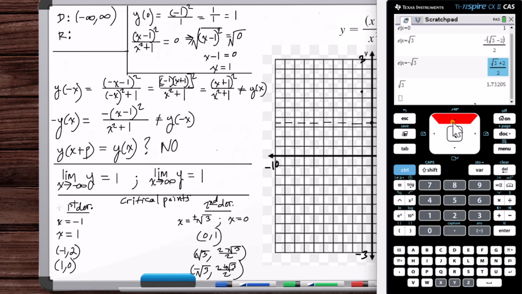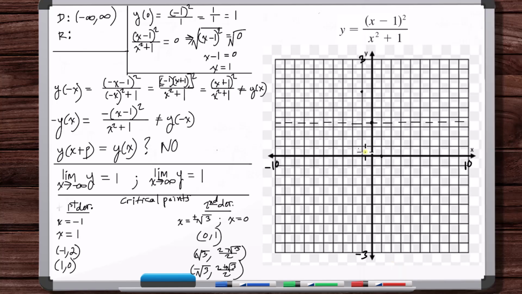Root 3 is that. And then, what is this? So 1.73 and then 0.13. So 1, 2, that's about 1.73 and then 0.13. You go 0.3, so this is something like this.